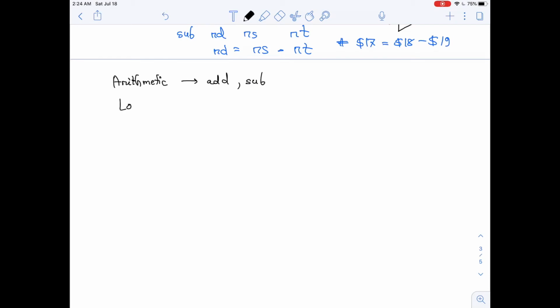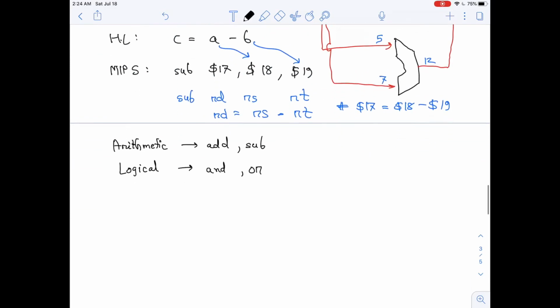So now let's take a look at some logical instructions such as and, or. Both these sets of instructions, arithmetic and logical instructions that correspond to add, sub, and, or, are R-type instructions. And since they're R-type, they all have the same instruction format.